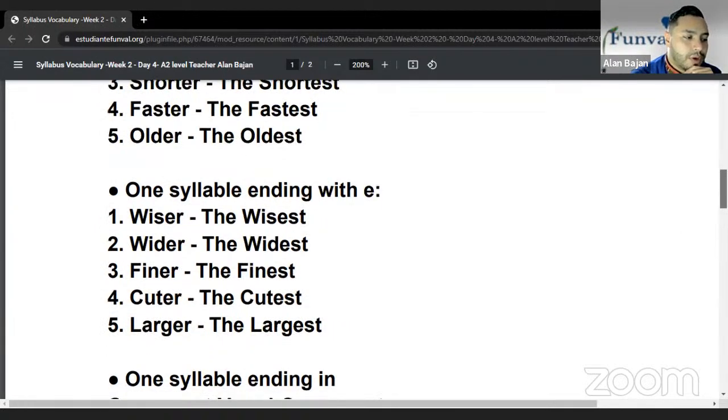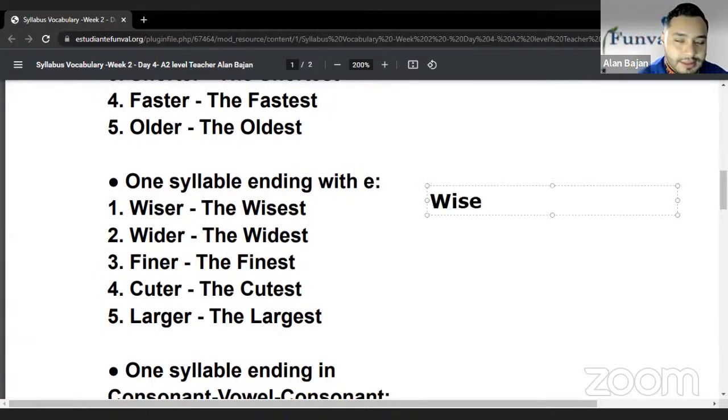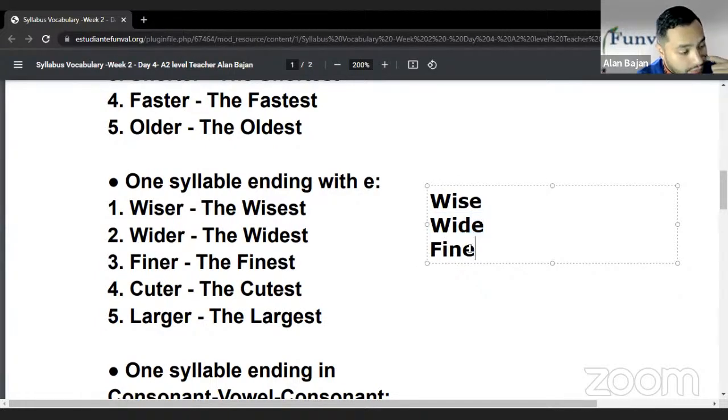Next rule. We have again adjectives of one syllable, but the difference is that these adjectives end in the letter E, such as wise, wide, fine, cute, large.